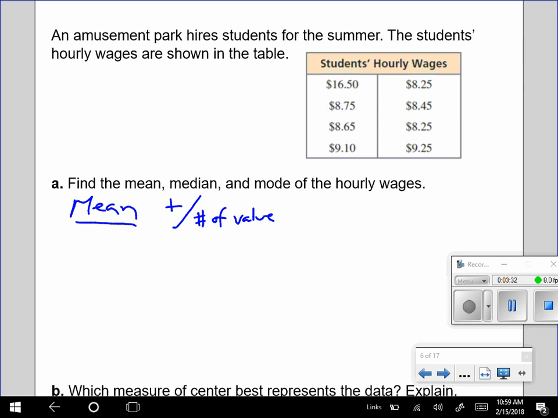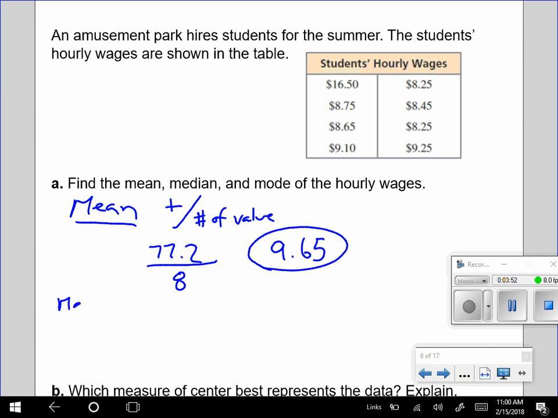That would give me 77.2, and then I'm going to divide by the number of hourly wages we see. 1, 2, 3, 4, 5, 6, 7, 8. And that will give me 9.65. That is my mean.